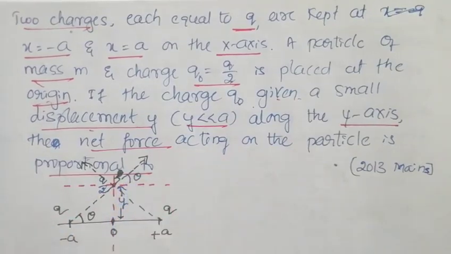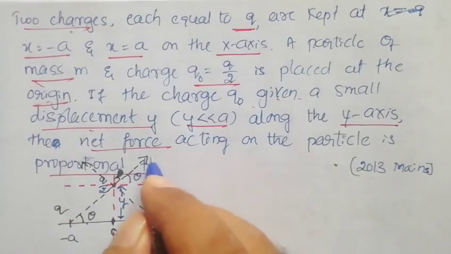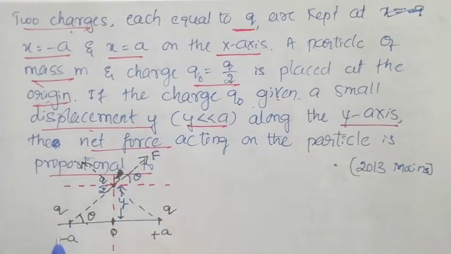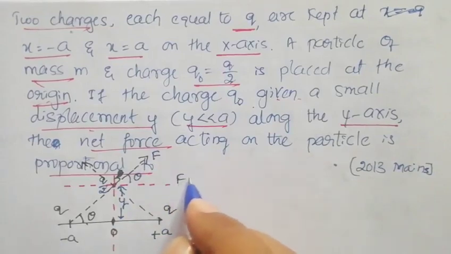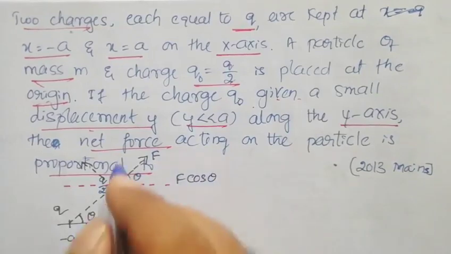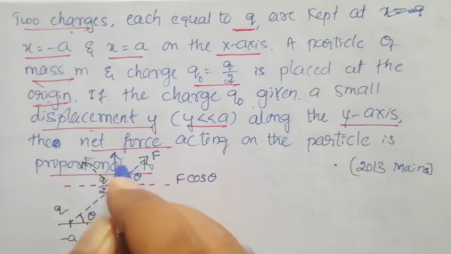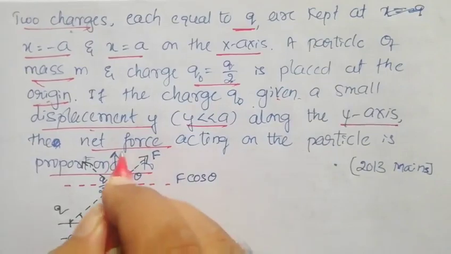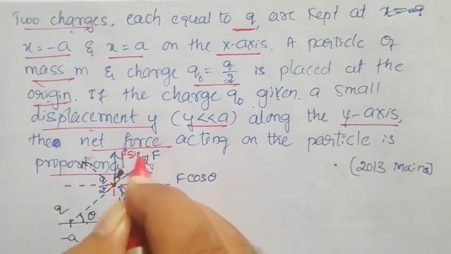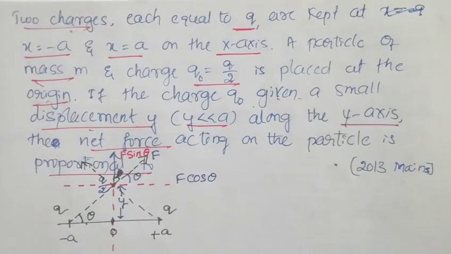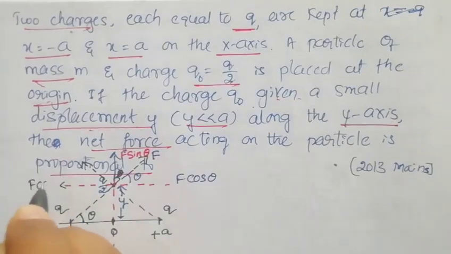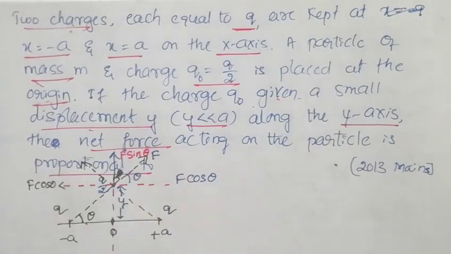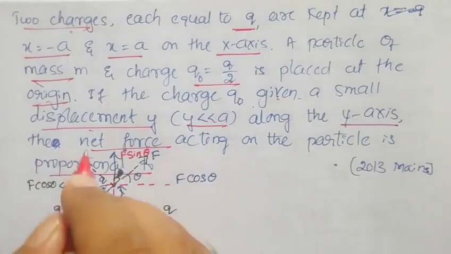Since we have taken this as theta, the force due to this charge becomes F cos theta, and the upward force becomes F sin theta. Let me write with red color so you can see. Similarly here, the force acting in this direction is again F cos theta, and again F sin theta.